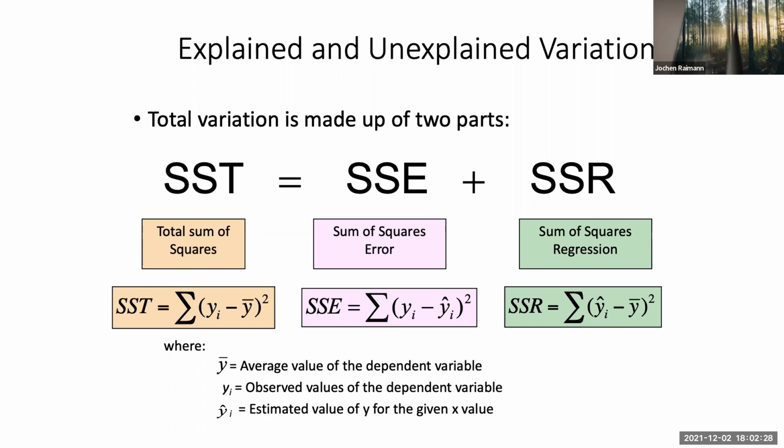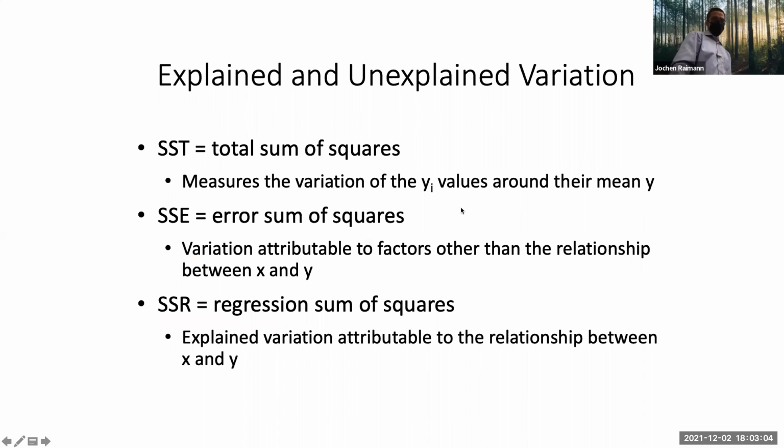So each entry, each individual will have one error, one calculated error, yi minus y hat I. Squaring this gets you the sum of squares error. Sum of squares of the entire regression is now your y hat I, so all your predicted y's minus the y bar. And now, so adding this up gets you to the total sum of squares. And this becomes important because, so this predicted error, yeah.